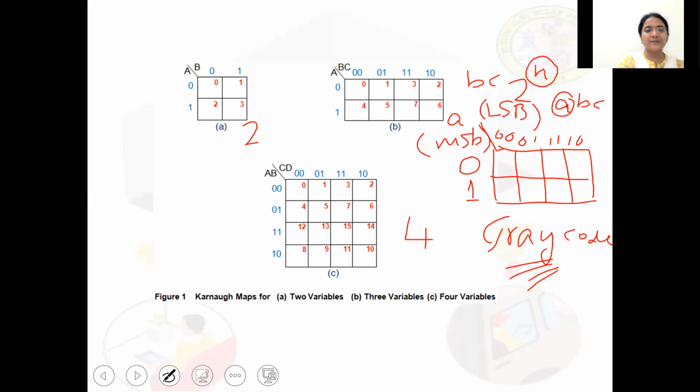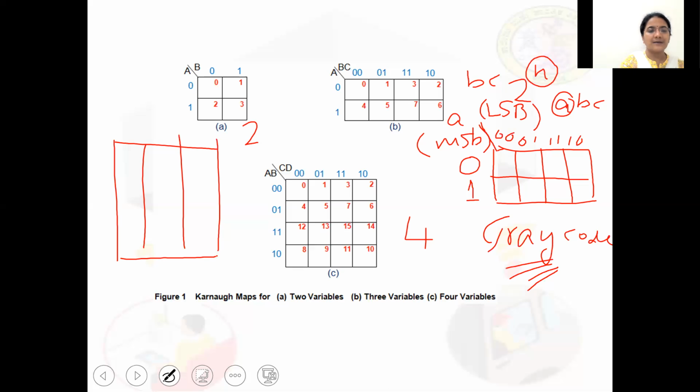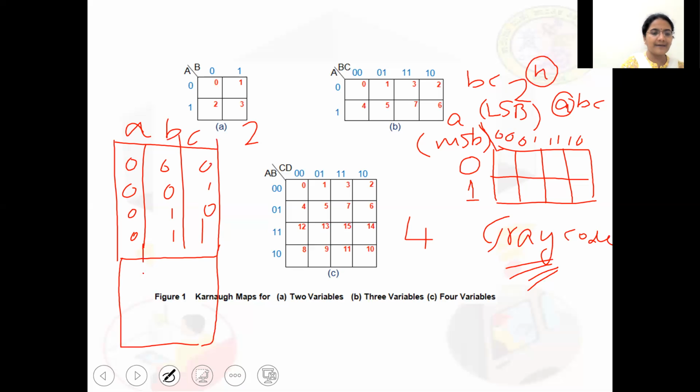It is the same as the truth table that we know for a 3-variable function. A 3-variable function has how many combinations? 8 combinations. 0, 0, 0, 0, 0, 1, 0, 1, 0, and 0, 1, 1. This is ABC. And for the next 4 combinations, we have A as 1.